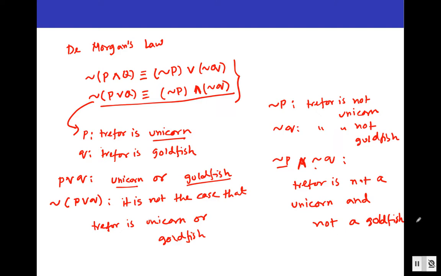Okay, so now if we think about the meaning of these two statements, you can see that it's not the case that Trevor is a unicorn or a goldfish. Trevor is actually none of them. It is not the case that Trevor is either a unicorn or a goldfish. Trevor could be none of them. And not P and not Q means Trevor is not a unicorn and Trevor is not a goldfish.